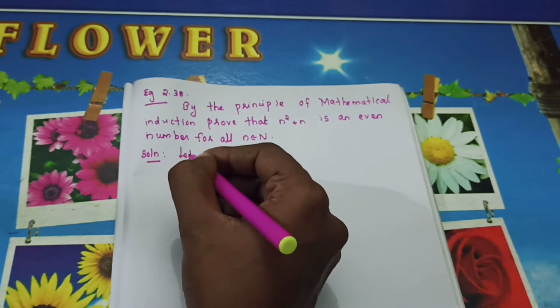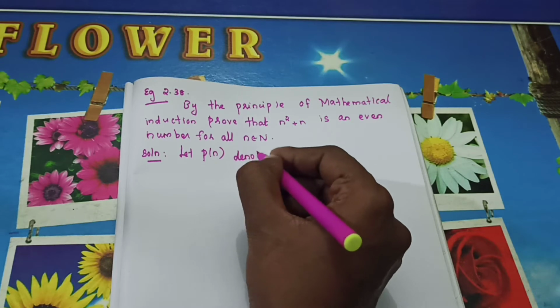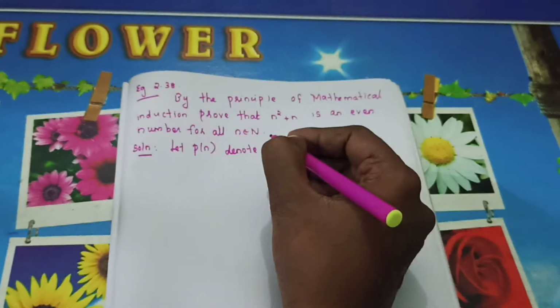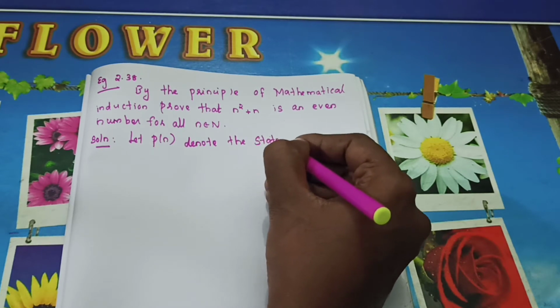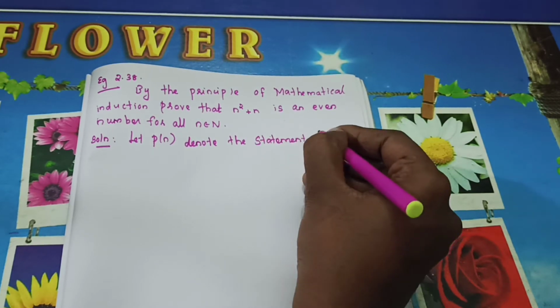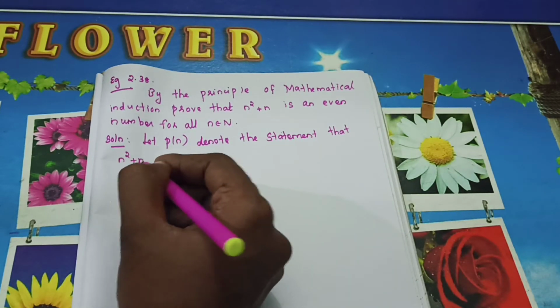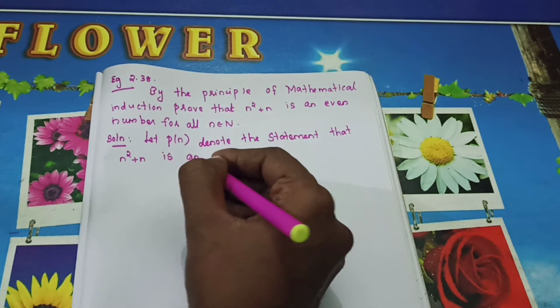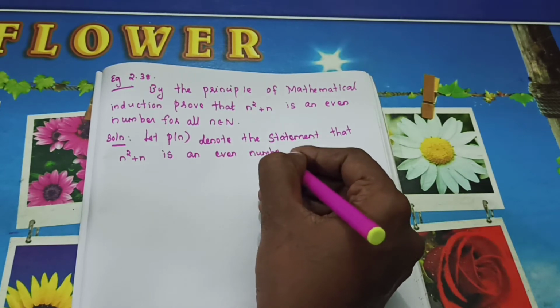First you will take: let P of n denote the statement that n square plus n is an even number. That's the given statement.